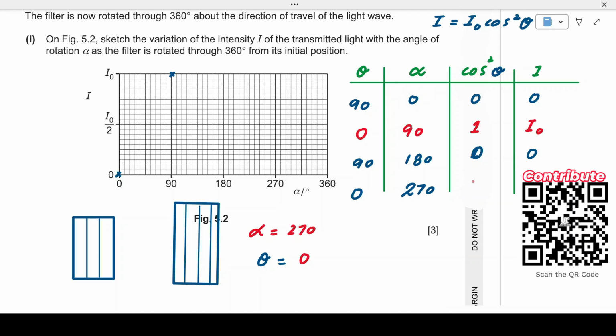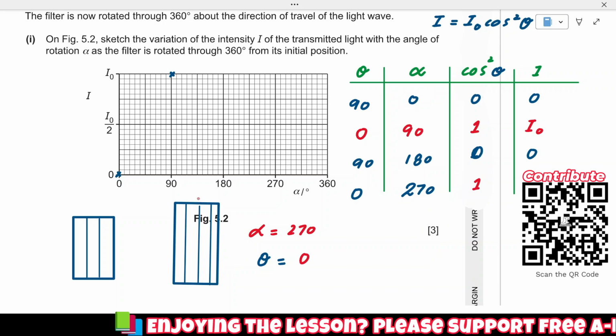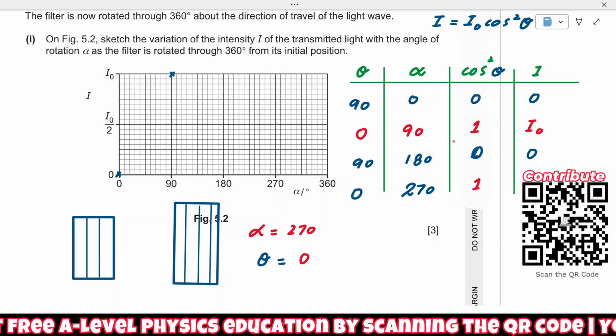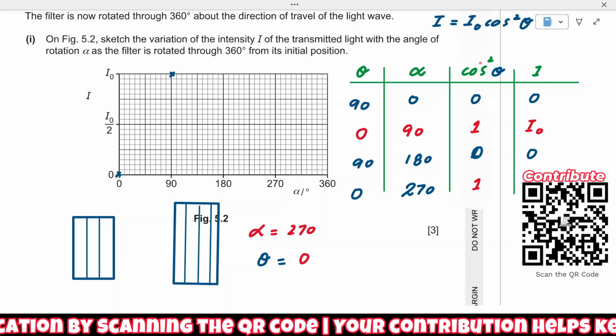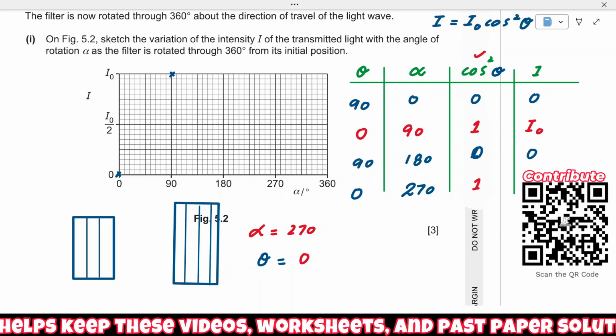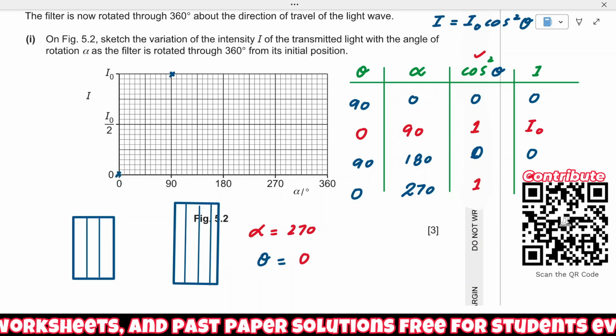So cos 0 is 1. Even if it's 180, we have to take square anyway, so square of minus 1 would still be 1. So technically in this case the second polarizer is flipped, so the actual angle is 180, but cos 180 is minus 1, but we have to take square of minus 1, so it will once again be positive, and this one would be I naught.